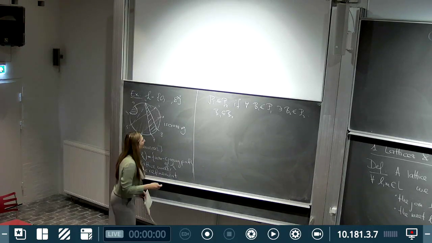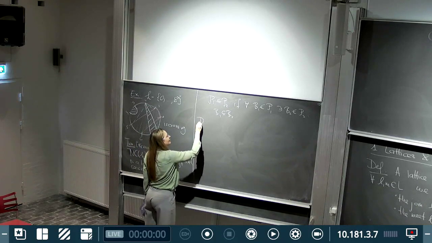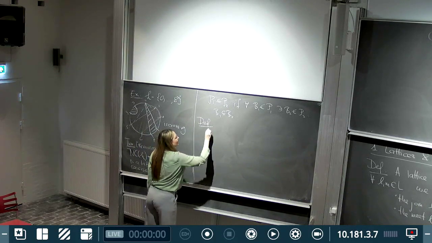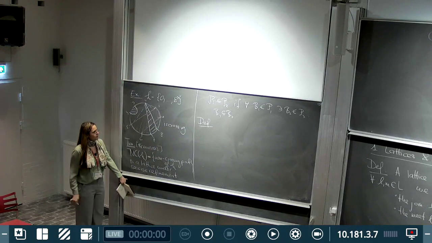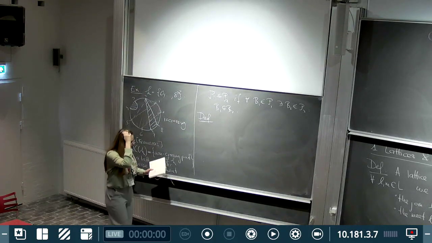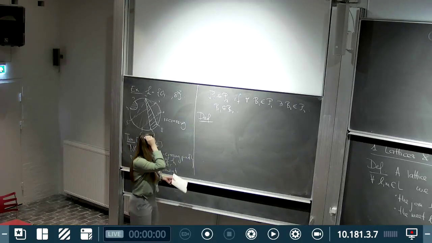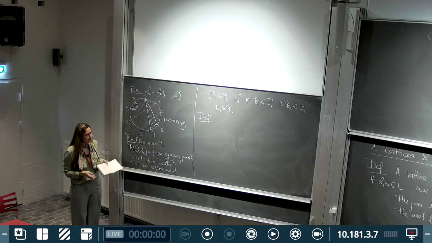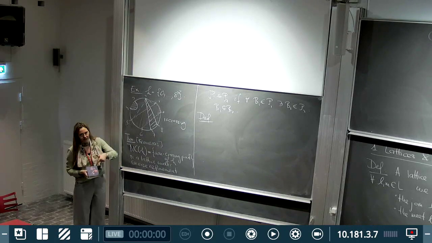So maybe I should tell you a little bit more about an important property of a lattice. We said a lattice is a poset which has binary joins and binary meets.